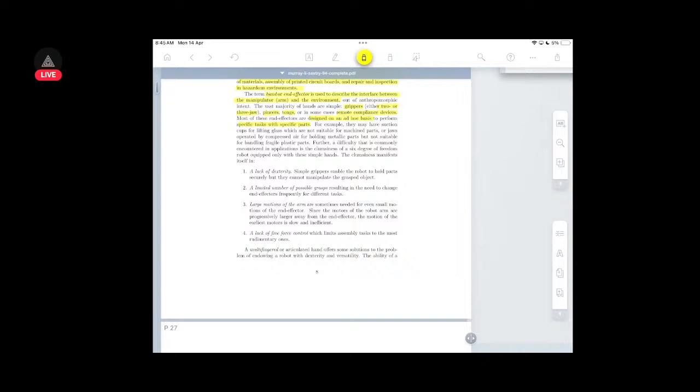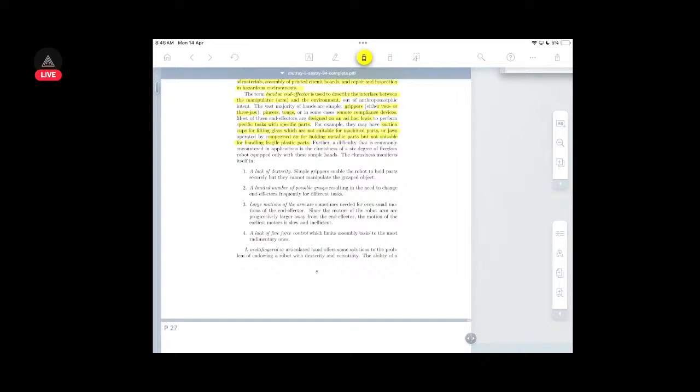They have suction cups for lifting glass, not suitable for machine parts or jaws. They cannot handle fragile parts, however. They also use compressed air for holding metallic parts, but that is not suitable for handling fragile parts.